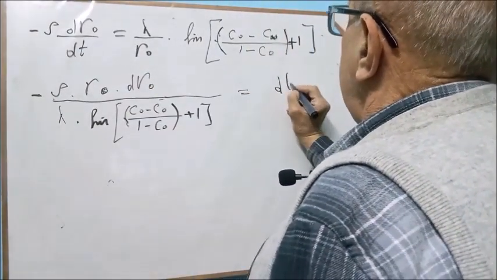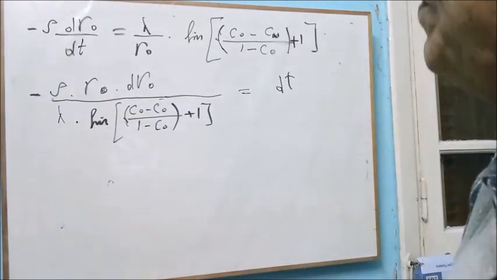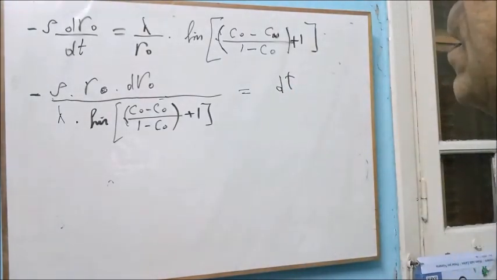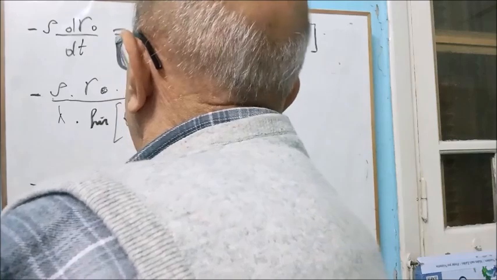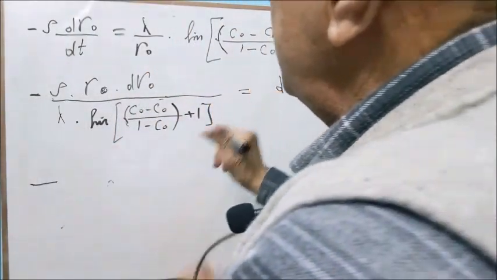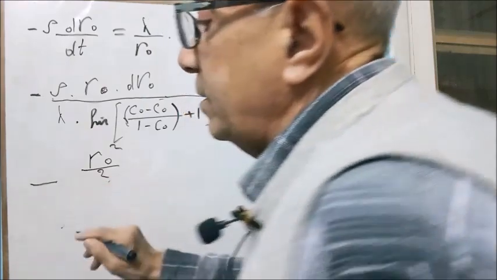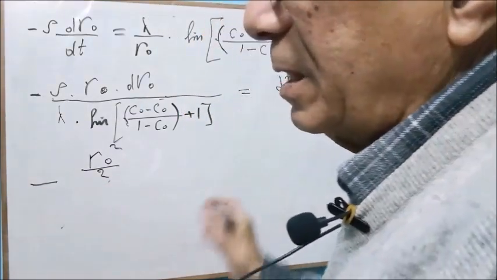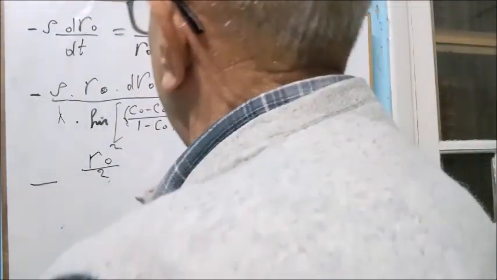We have only dt in the right hand side. So the next step will be the integral of R0 dR0. It's R0 squared over 2. Integral x dx, x squared over 2, R0 squared over 2.